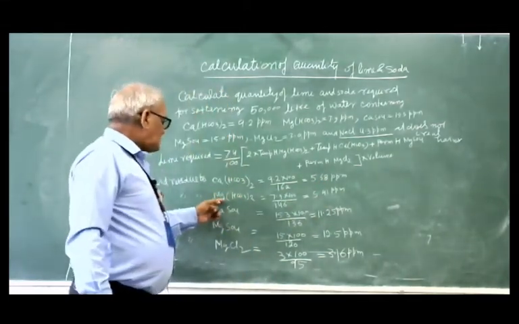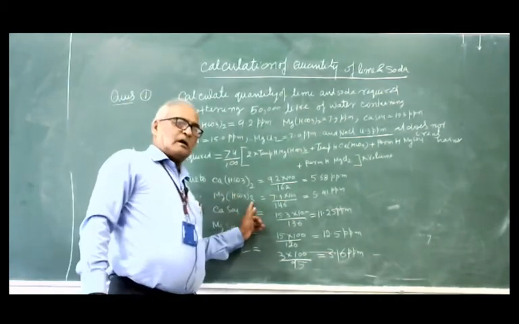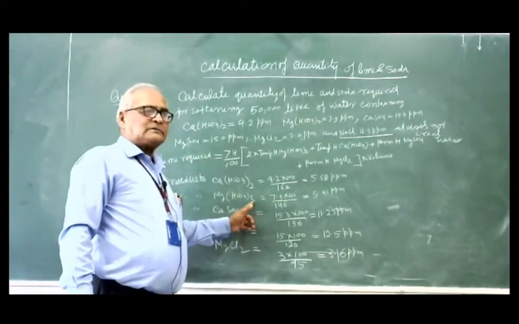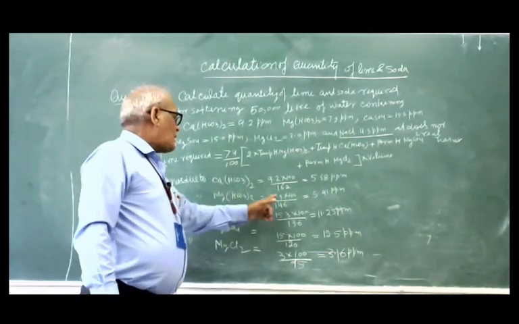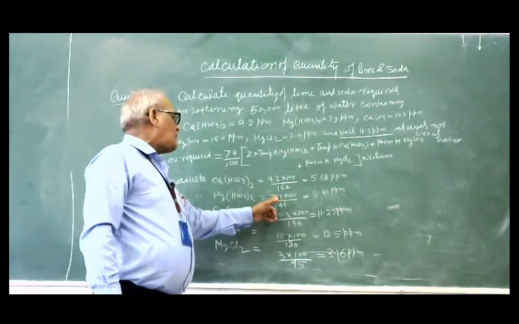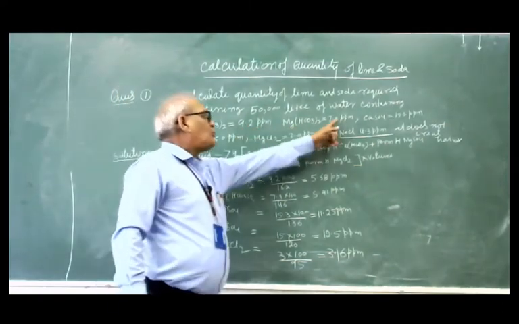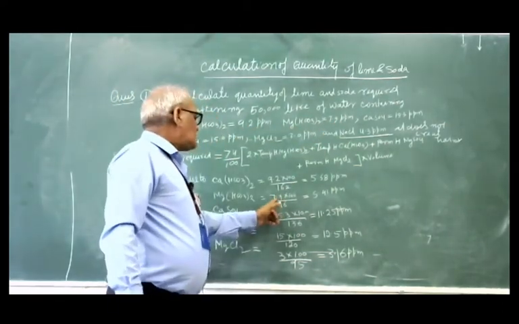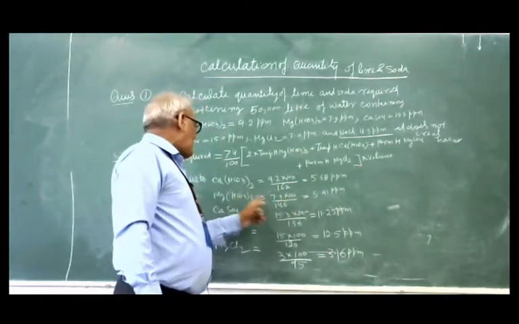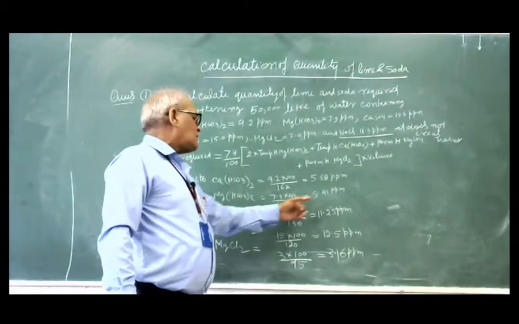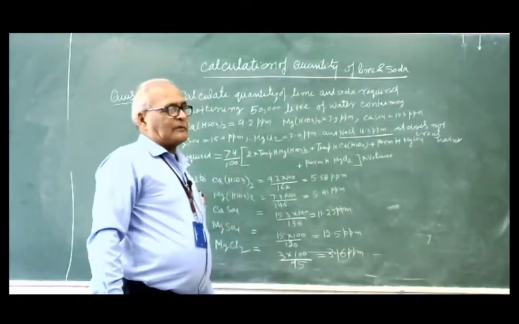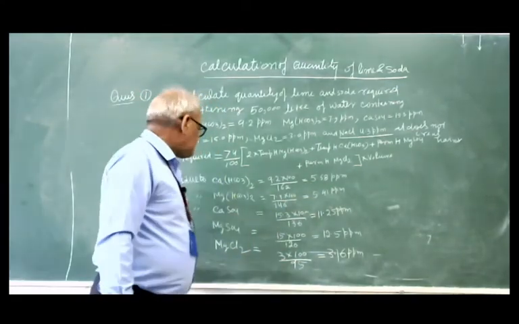Similarly, another salt, magnesium bicarbonate, also creates hardness. So the quantity of the magnesium bicarbonate, 7.9 here, multiplied by 100, the molecular weight of the calcium carbonate, divided by molecular weight of the magnesium bicarbonate, and 5.41 ppm is the hardness in terms of calcium carbonate equivalent.